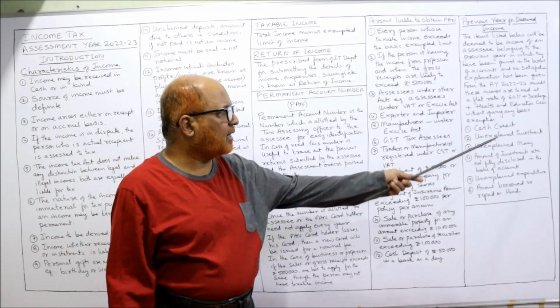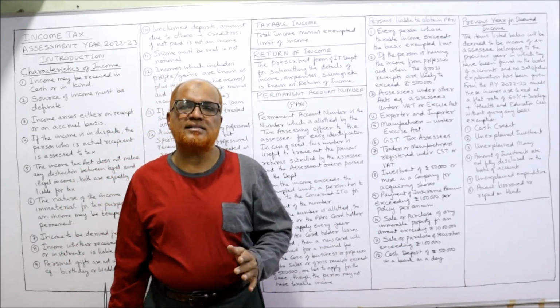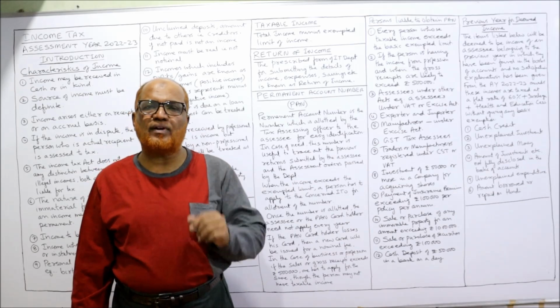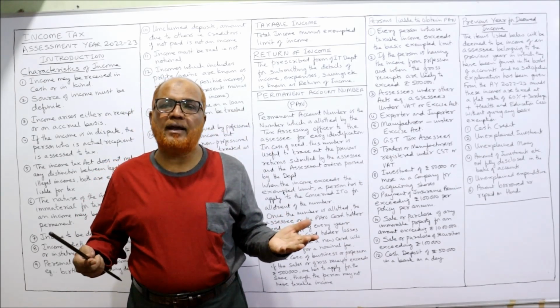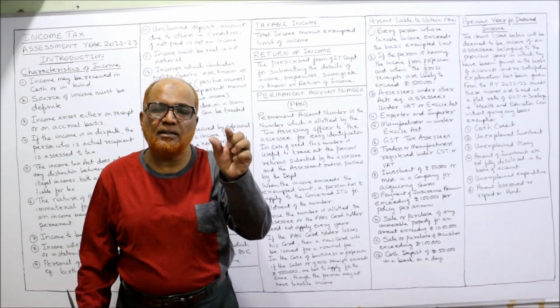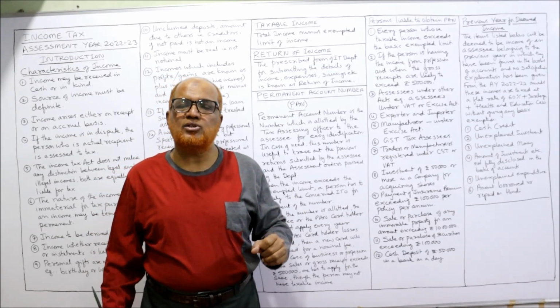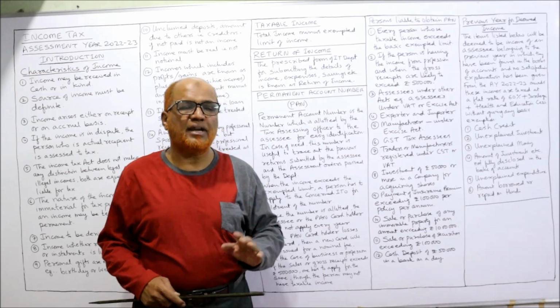Then unexplained investment. If the Income Tax Act sees that in a person's books of account there is an investment, but no satisfactory explanation is given by the person regarding the investment, it is called unexplained investment. It will be treated as income and it will be taxed.